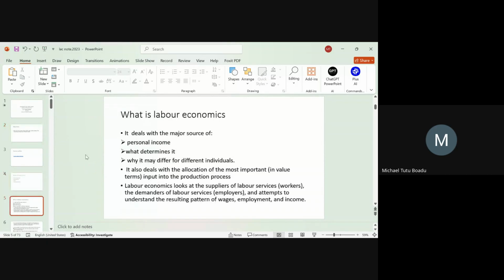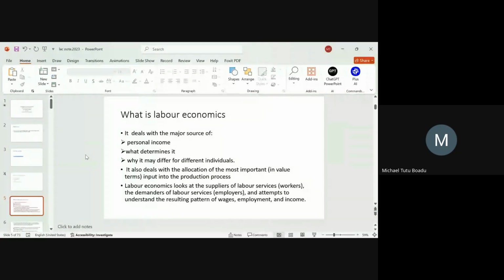All right, so we'll begin with the overview. First, look at what labor economics is. Then, once we talk about labor economics, we are always interested in looking at the major sources of our personal incomes, where you get your income from, and what determines your income.